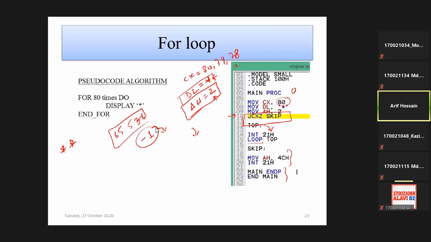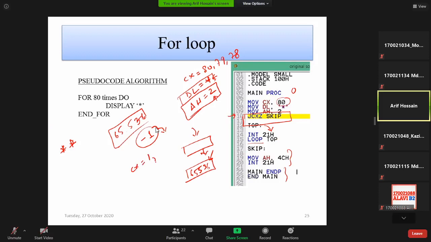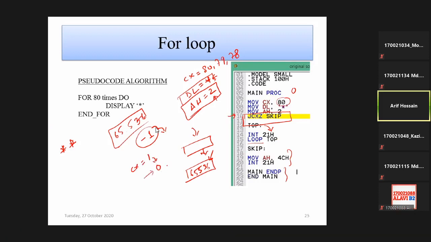This loop does not know what -1 is, so it will check the binary and convert that binary to unsigned interpretation. It will end up getting 65,536 or something, whatever the number is. I don't know the exact number. So it will convert to that number and keep on running. Then when the value of CX actually becomes 0, it will understand it has become 0, so it will not go again.